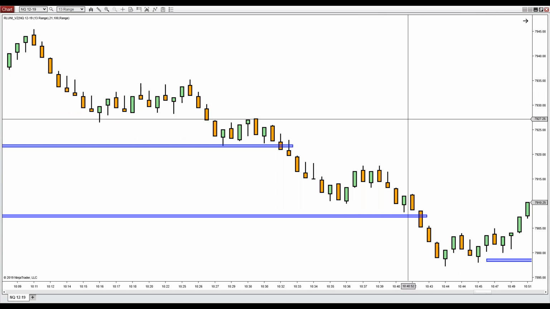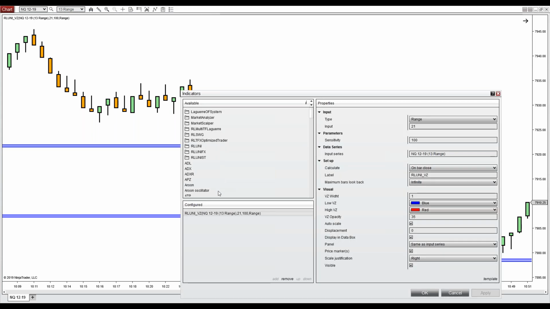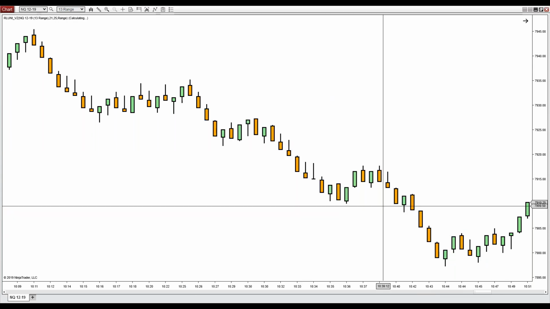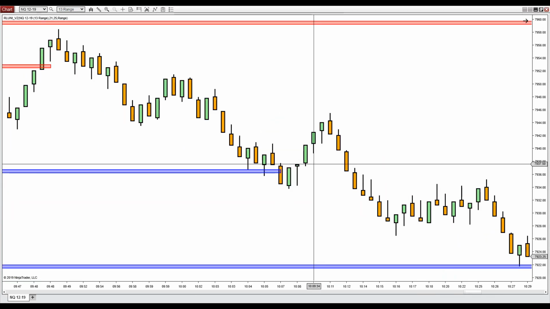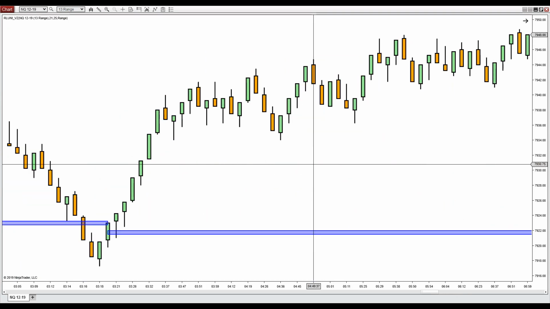It's just inverse. Because if you go even lower, and you put this, as I showed you before, at 25, the buy-sell imbalance required is going to be very low, and so you're going to get multiple areas.